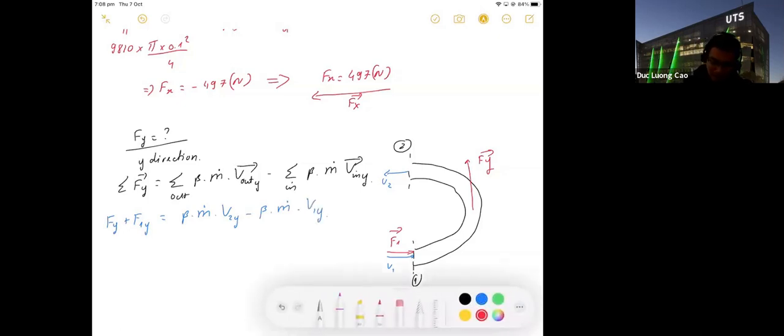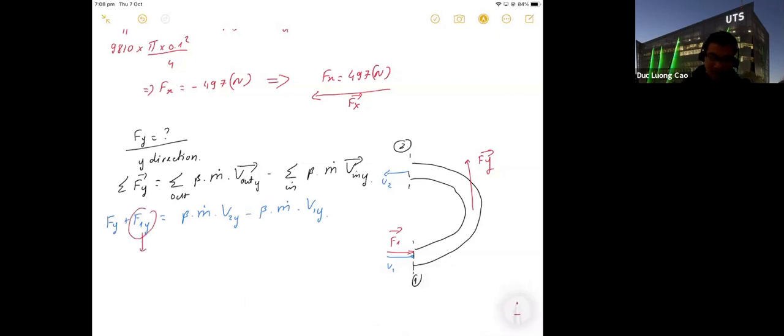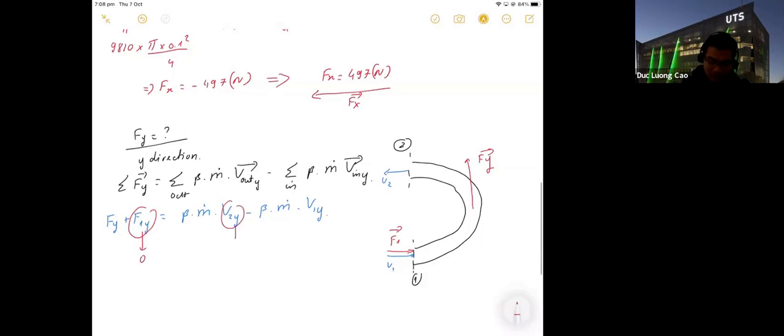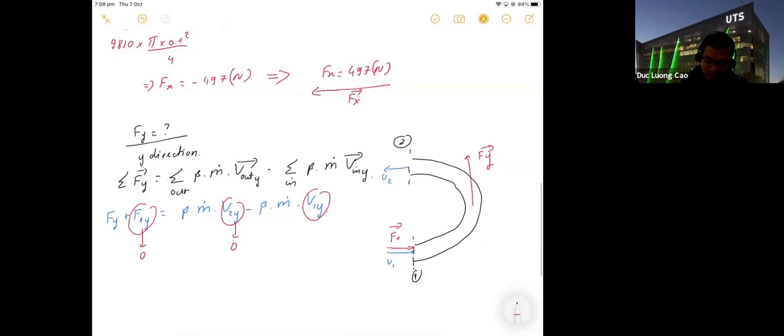And here F1y is 0. F1 is only in x direction. V2y is 0, V1y is 0. So it means Fy is 0.